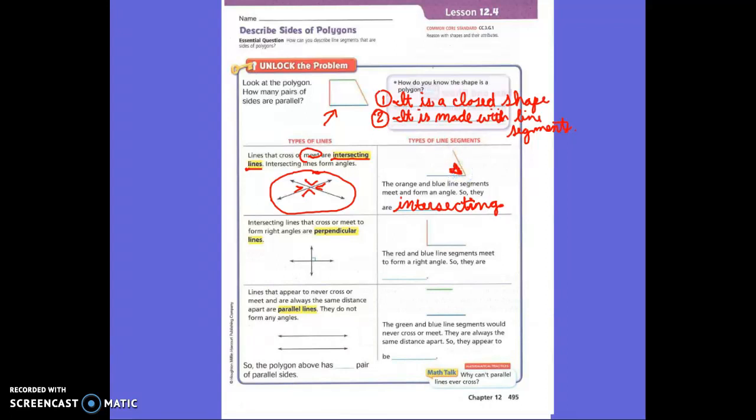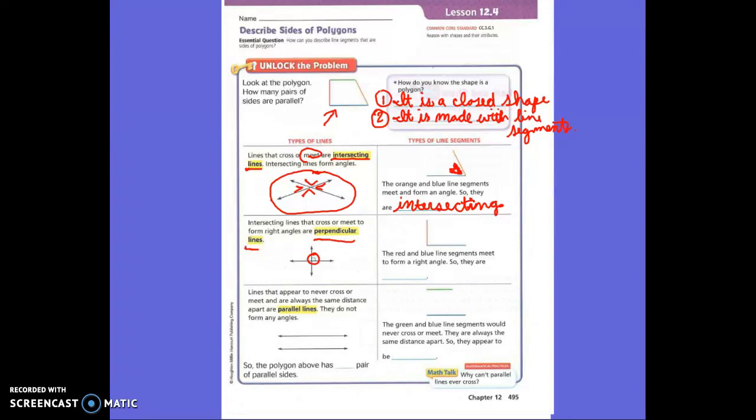Okay, then you have intersecting lines that meet or cross to form right angles, not just any angle, a right angle where you have a square. Right angles have a square. Remember that, and on your papers, they always draw the squares for you most of the time. So if it makes a square, it's called a perpendicular line.